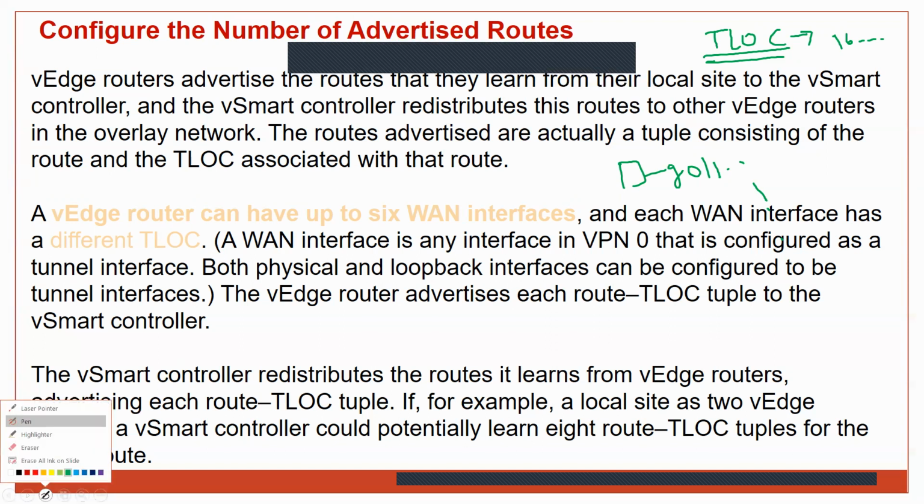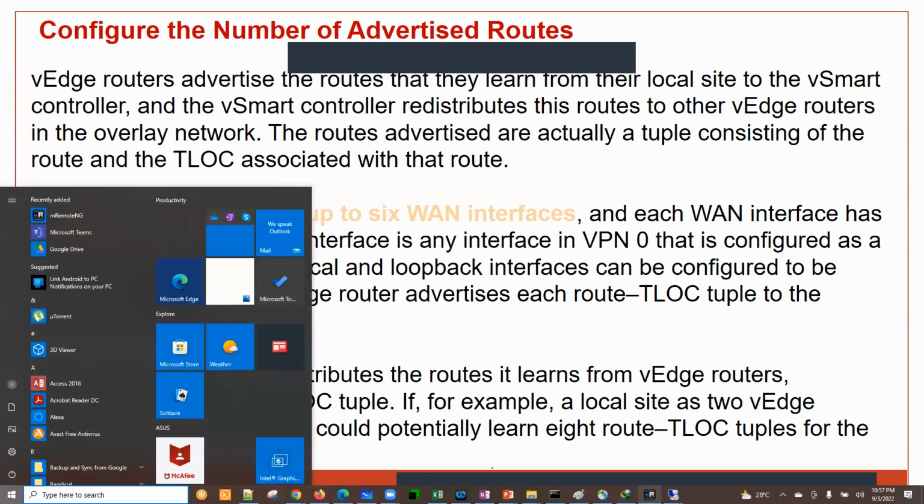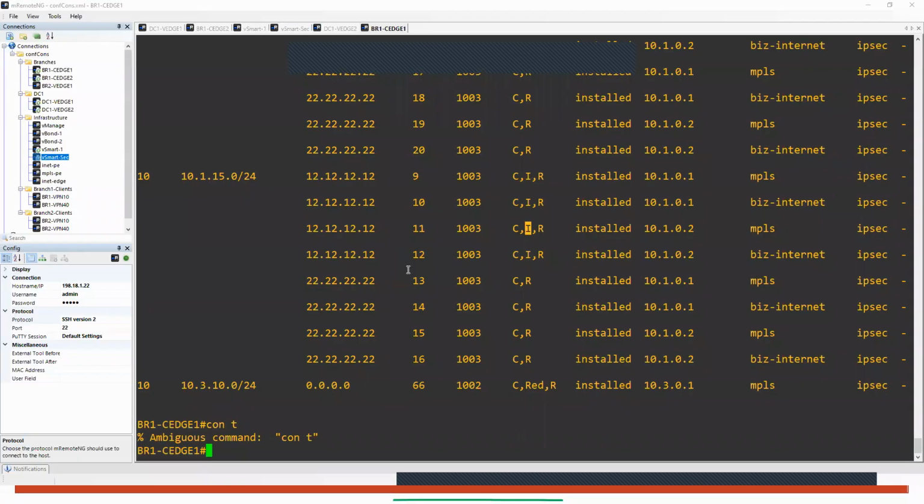The answer is that there is always a practical value and a theoretical value, and all your questions are valid. I don't have an exact answer for how many sub interfaces we can create. I think we can create crores of sub interfaces on one physical interface. Let me quickly show you.